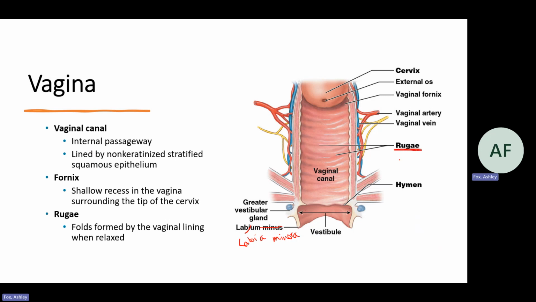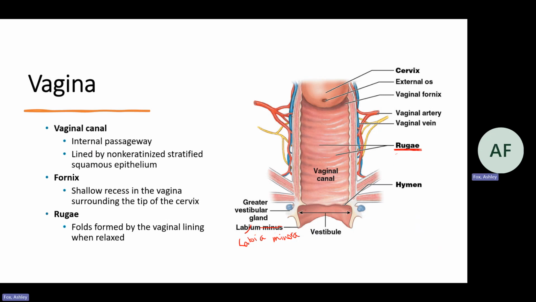When we need something to stretch, we have rugae. Rugae are folds that occur when the vagina is relaxed that can stretch and allow for stretching and not tearing of this area when it needs to stretch significantly.